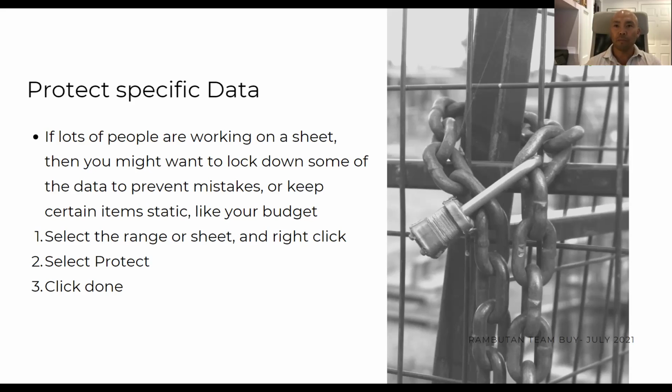So if lots of people are working on a sheet, then you might want to lock down some of the data to prevent mistakes or keep certain items static, like your budget. What you want to do is select the range or sheet and right click, select protect and click done. Very easy.